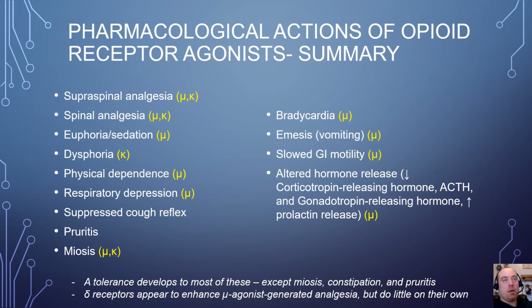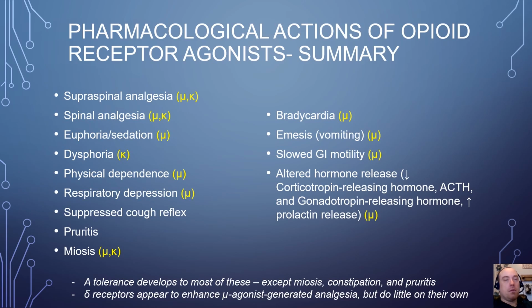So feeling maybe, it's very nondescript, a feeling of sadness, uncomfortable feelings, just not calm or serene. Whereas the opposite with mu activation would be euphoria, and then sedation as well. But feeling good, that's why people use heroin and things like that.